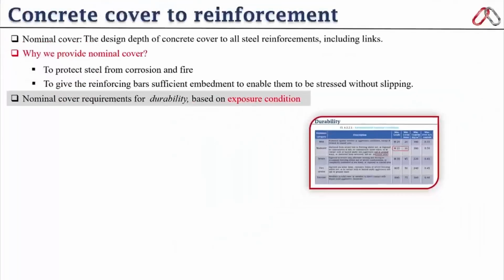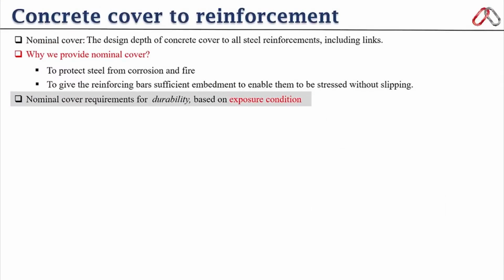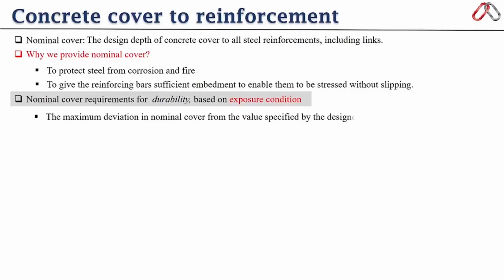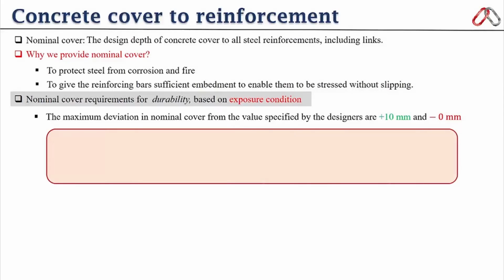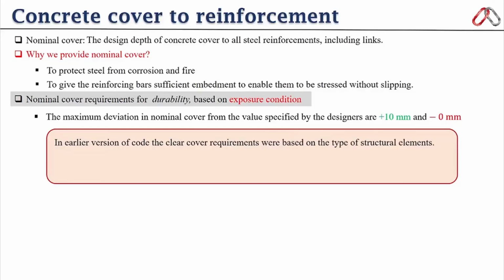During construction work, there may be a deviation in nominal cover value. The maximum deviation in nominal cover from the values specified by designers is plus 10 mm and minus 0 mm. Here you can see that we can increase the nominal cover up to 10 mm, but we cannot reduce it. In earlier versions of the IS code, the clear cover requirements were based on types of structural elements.